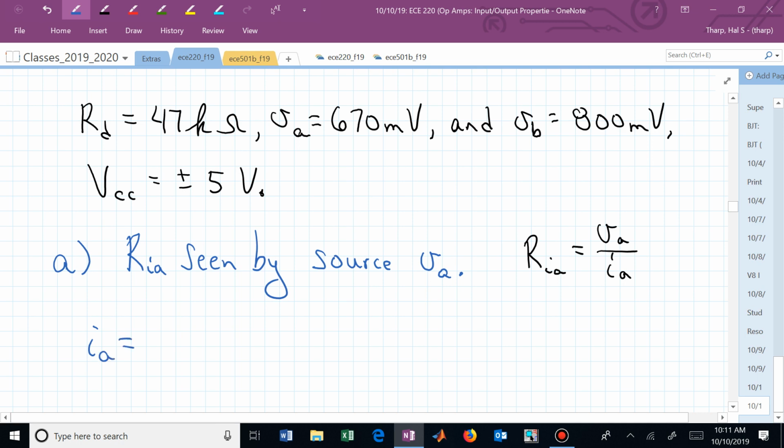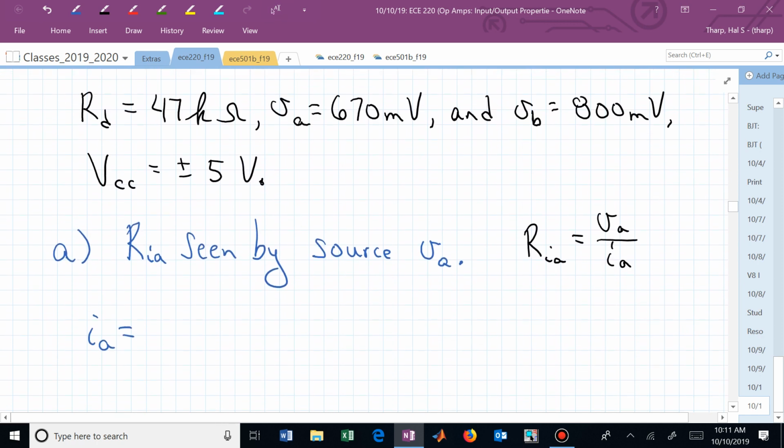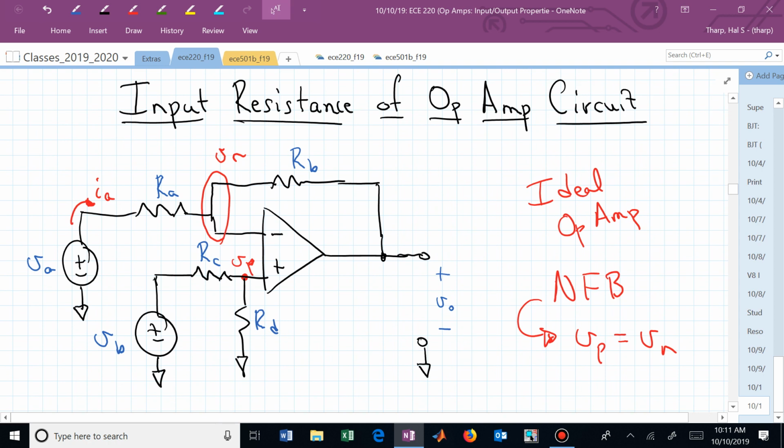I sub A is now V sub A minus V sub N over R sub A. What's V sub N? Now it's not connected virtually to ground, is it? Or to the common. It's equal to V sub B. And it's equal to V sub P.